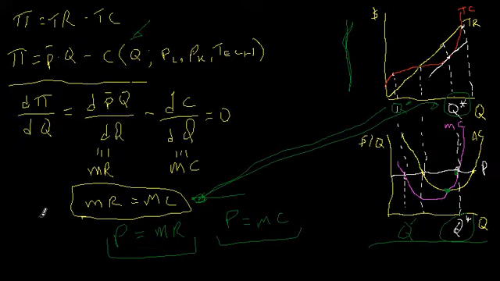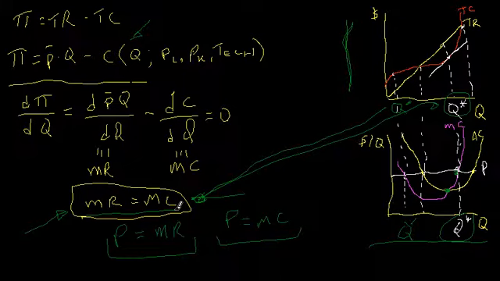And we see that the rule for the firm maximizing profits is marginal revenue equals marginal cost. That's because marginal revenue is the first derivative of revenue with respect to output, and marginal cost is the first derivative of the cost curve with respect to output. So marginal revenue equals marginal cost, the profit maximizing rule for a perfectly competitive firm.